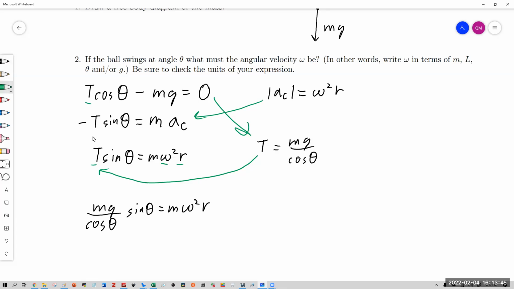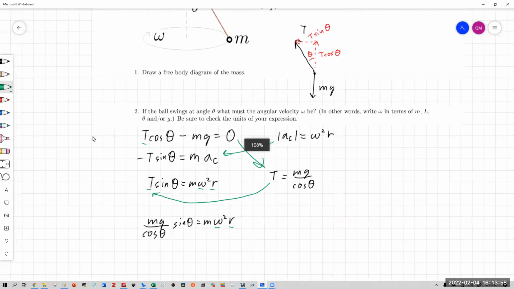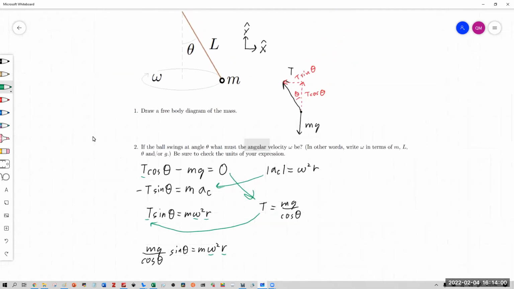Okay, so we eliminated one of our unknowns. We eliminated T, but we still have omega, which we're trying to find, and r, which isn't given. So let's go back and look at our picture. How do we get r? The radius you're referring to when you talk about centripetal acceleration, omega squared r, is the radius of the circle that the object goes in.